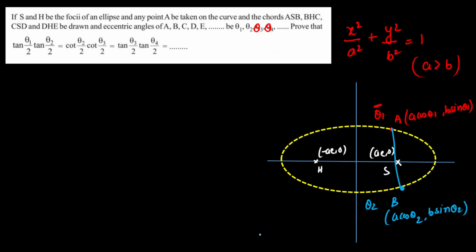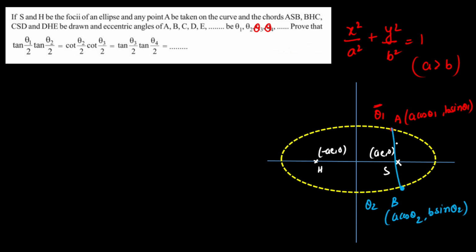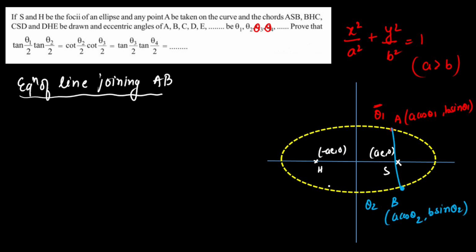Now before proving these values, I need to do one very important thing. We should know the equation of the chord AB, in terms of theta 1 and theta 2. We have the two points, so we can calculate using the two-point form.